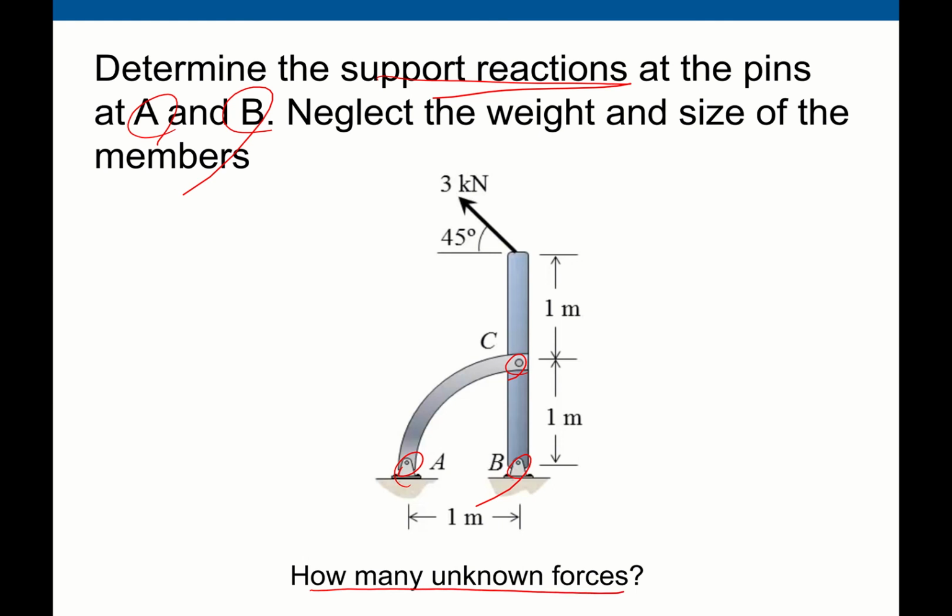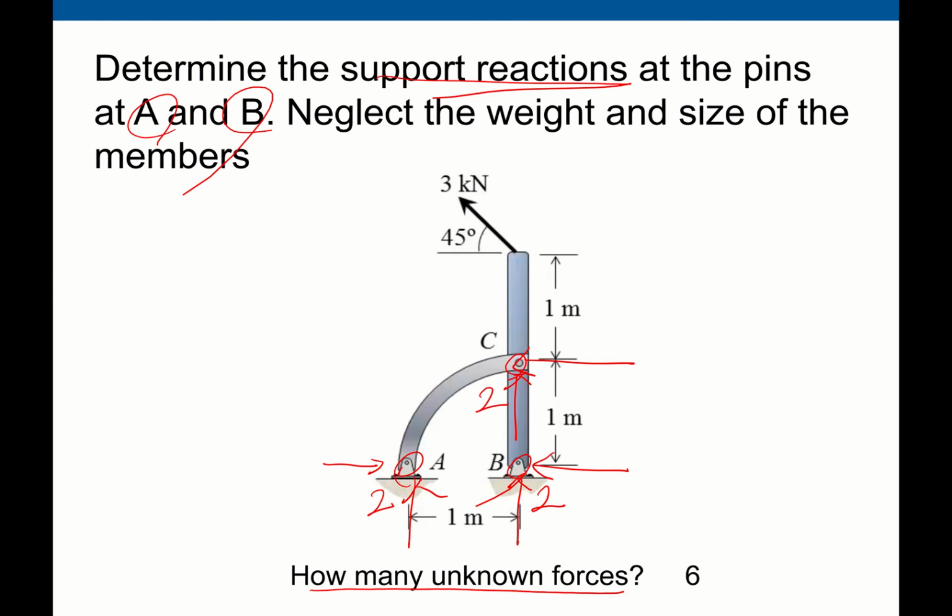As you may remember, if the joint is pin connected, that means we have two support reactions. So point A has two support reactions, point B has two, point C has two, right? For the x-axis and y-axis. So we have 6 unknowns.